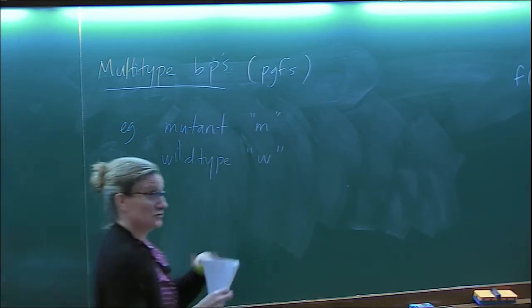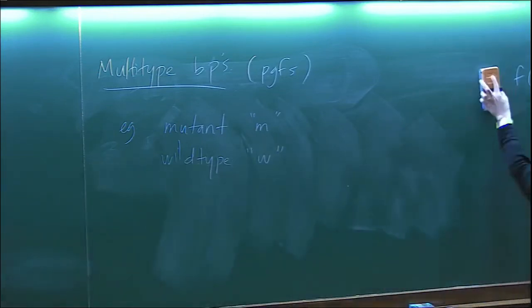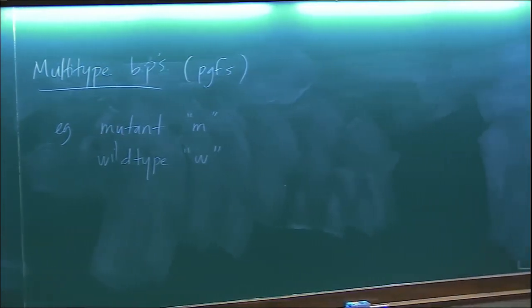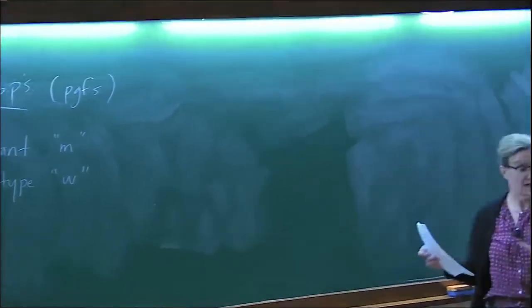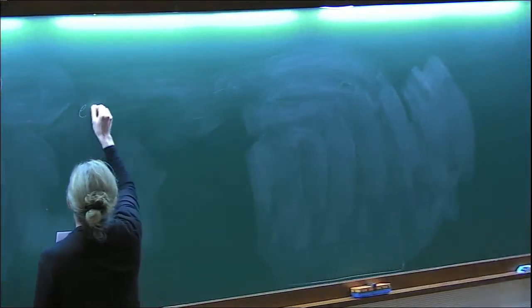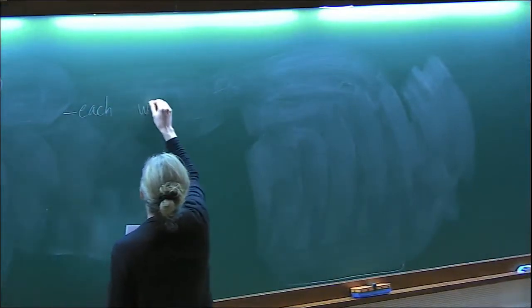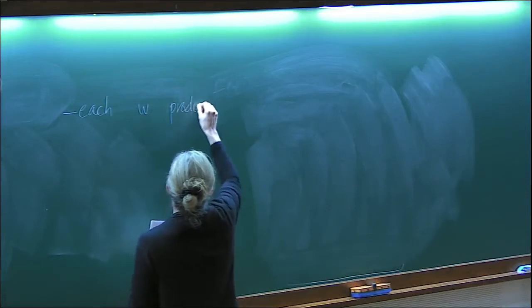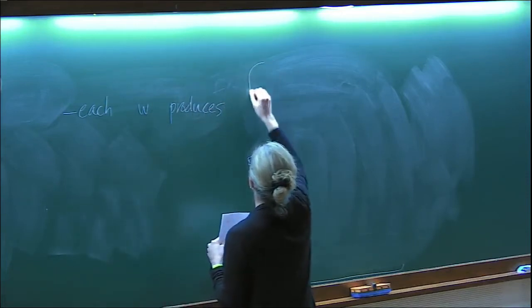And I have to tell you what the offspring distributions are like, just like I would in a single type. But of course, generically, the different types can give birth to their own type or a different type. So in my example, each wild type can produce a lot of different things.